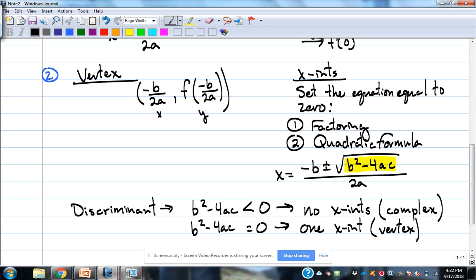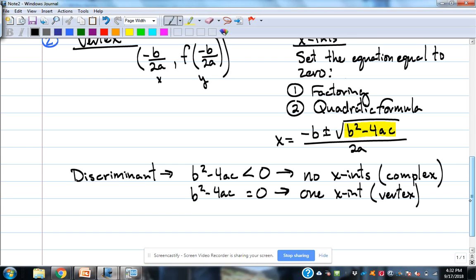It will be at the vertex. The vertex will be our only x-intercept. If b squared minus 4ac is greater than 0, meaning it's a positive number, we're going to have two x-intercepts.